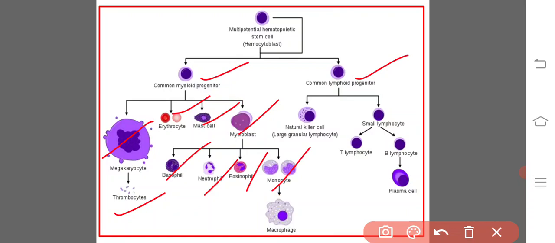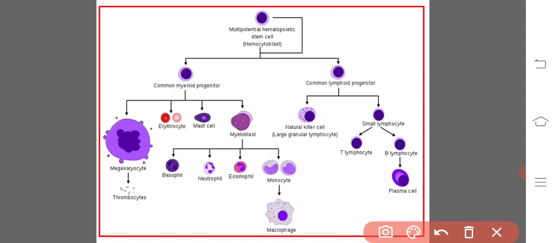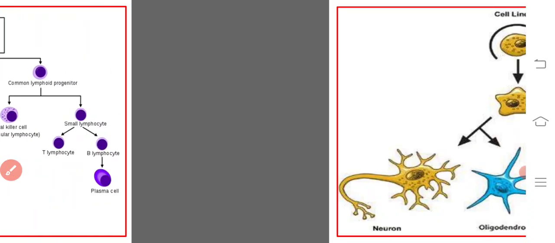The monocytes show diapedesis and form the macrophage. The lymphoid progenitor forms the natural killer cells, and the small lymphocytes become T lymphocytes and B lymphocytes. B lymphocytes mature to produce the antibodies, that is the plasma cell.